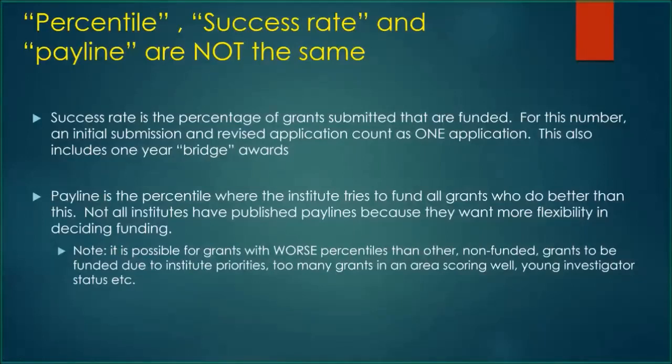The reason is that when NIH calculates success rate, they're counting the chances of a grant with the same number getting funded eventually, which means that the grant's initial submission and a revised submission are counted as one application. So when you see 26%, that means that a grant or its revision count as one application, so that any grant that you send to the NIH has about a 26% chance of getting funded.